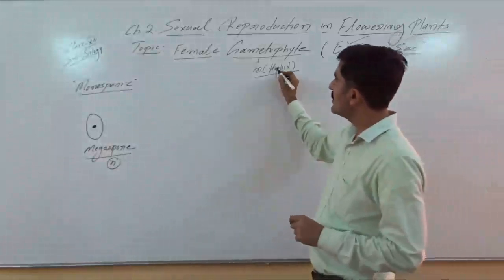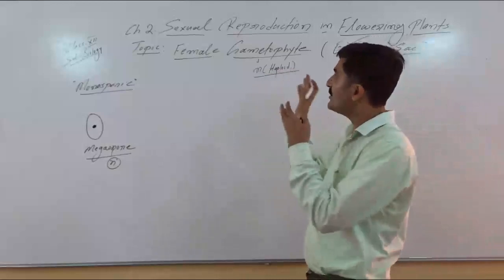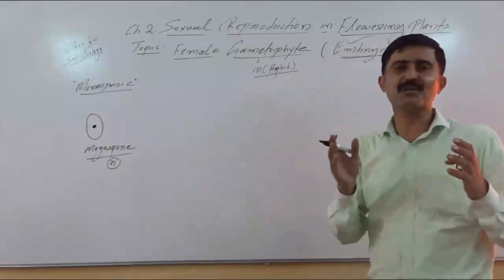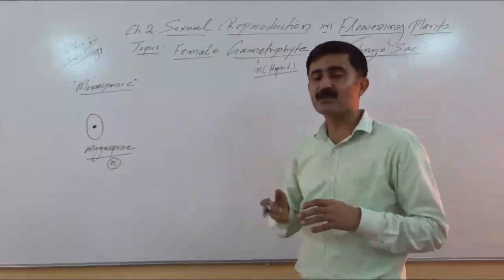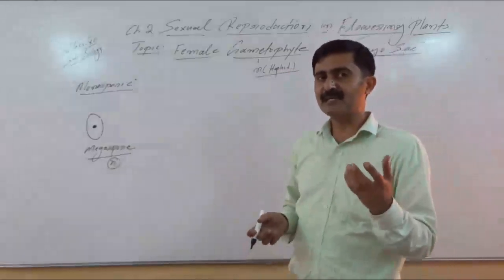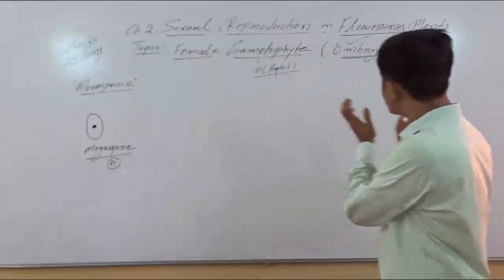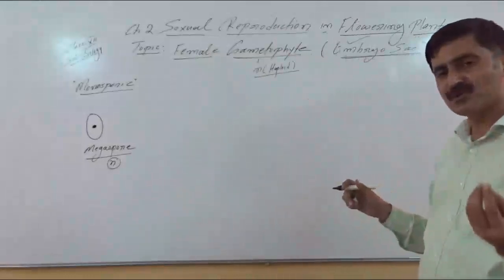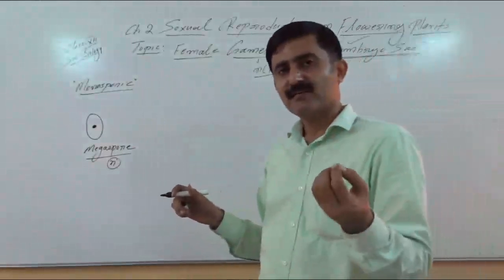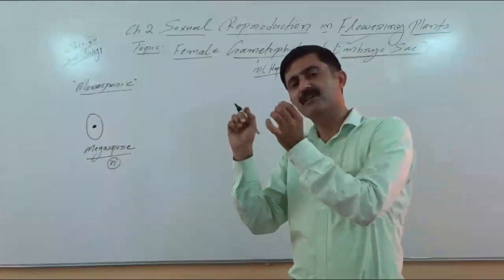Now why is it called gametophyte, that also you must be knowing. It is called gametophyte because it produces the gamete. What is the female gamete? Egg cell. So how does megaspore develop into a structure which produces egg cell, the haploid gamete, which takes part in fertilization?